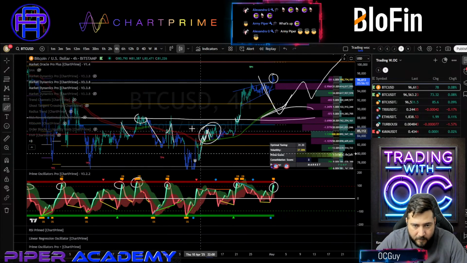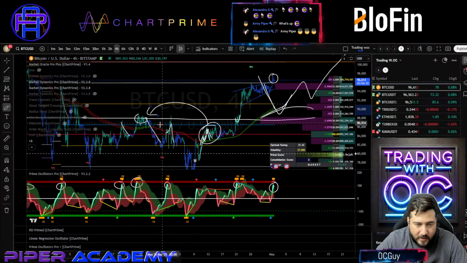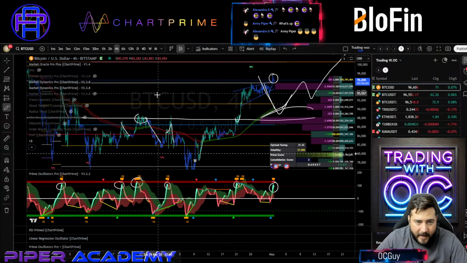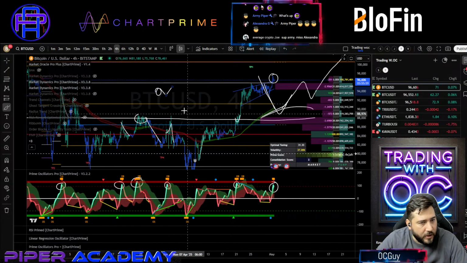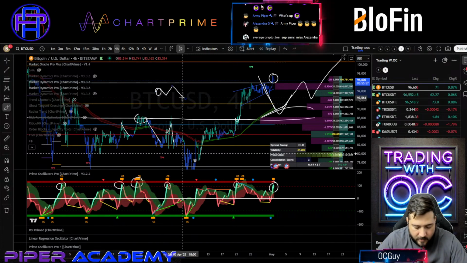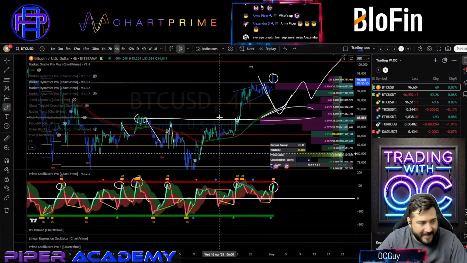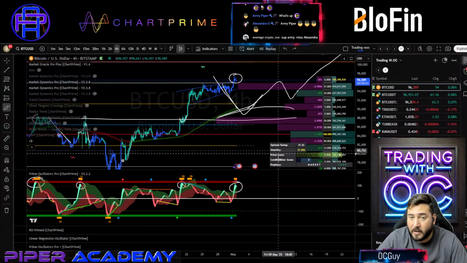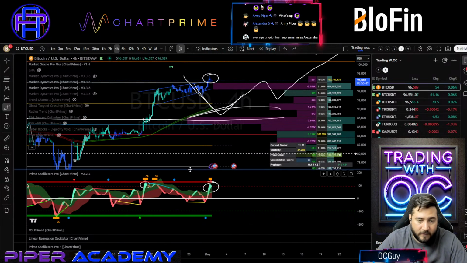Usually the bigger pullback looks something like this pullback. So just so you know, the goose head usually indicates a little bit of a retracement from the point where we are for a continuation and then a bigger pullback. The sizes of those movements can vary depending on the volatility and volume influx that we might have.